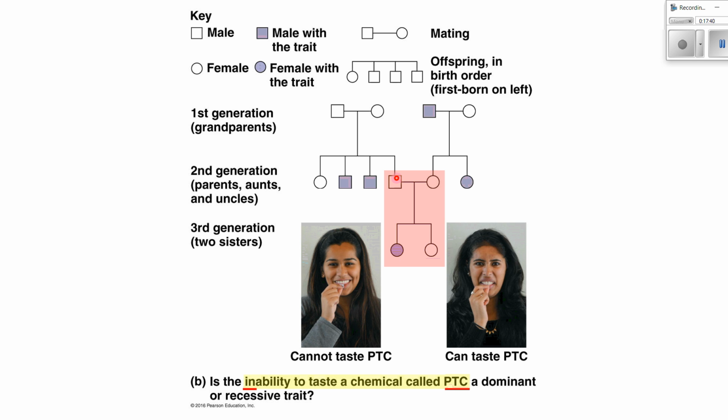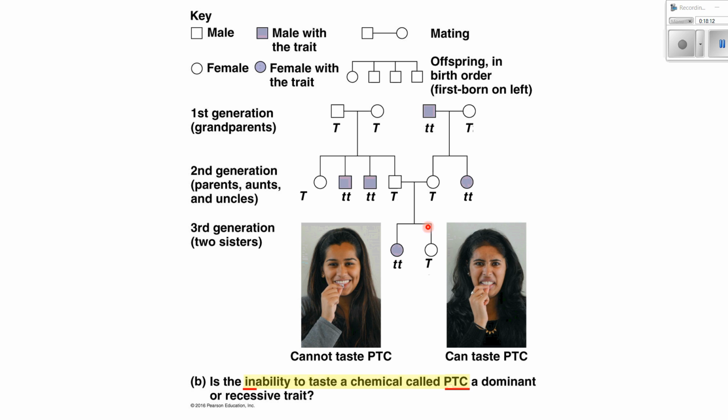But both of her parents are tasters, so they would be homozygous recessive. In other words, this girl would have to have a big T, and yet both of her parents are little t, so that couldn't be, right? There's no way. So therefore, just looking at the mom and the dad and the 2 girls, we know for a fact that the inability to taste PTC is a recessive trait.